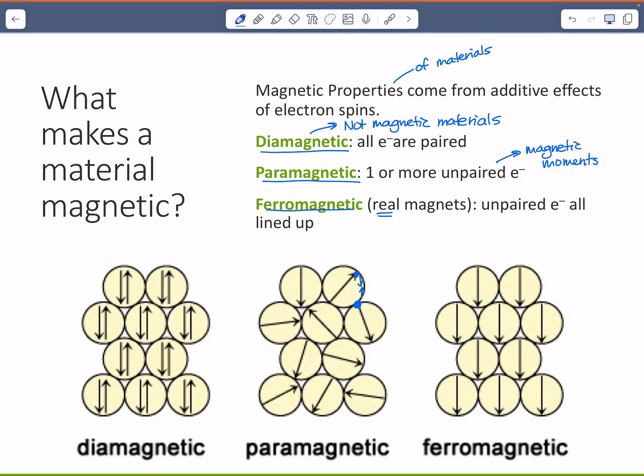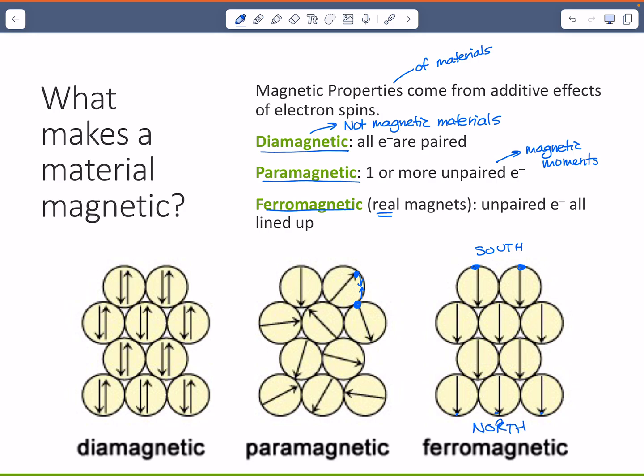So in that case, I have at least one unpaired electron, but the magnetic moments, the poles of those magnets from our spinning electrons, all point in the same direction. So what that means is all of them have the south pointing in the south direction, and all of them have the north pointing in the same direction.